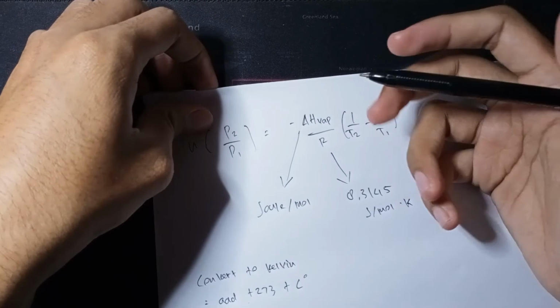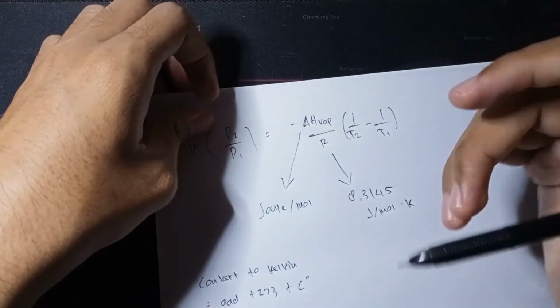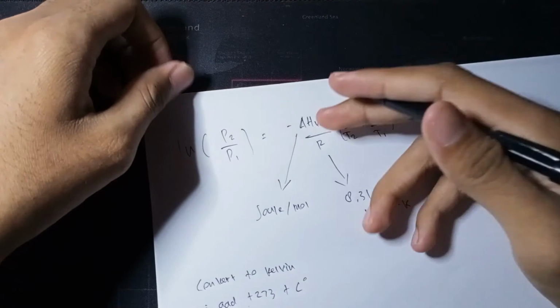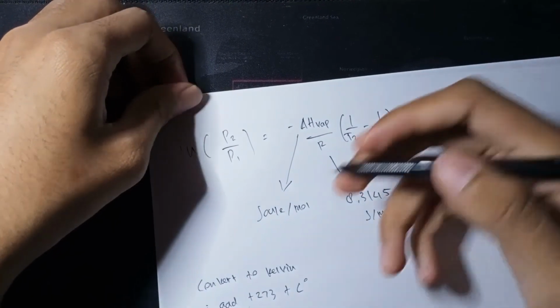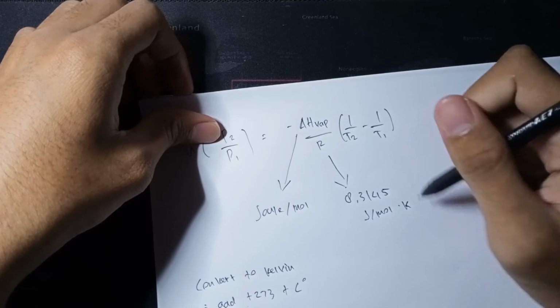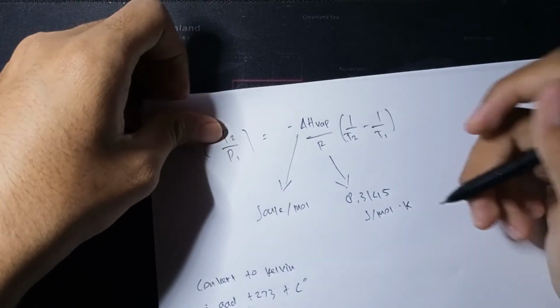If you have kilojoules, you need to convert them to joules first. Why? Because R is 8.314 joules per mole times Kelvin.